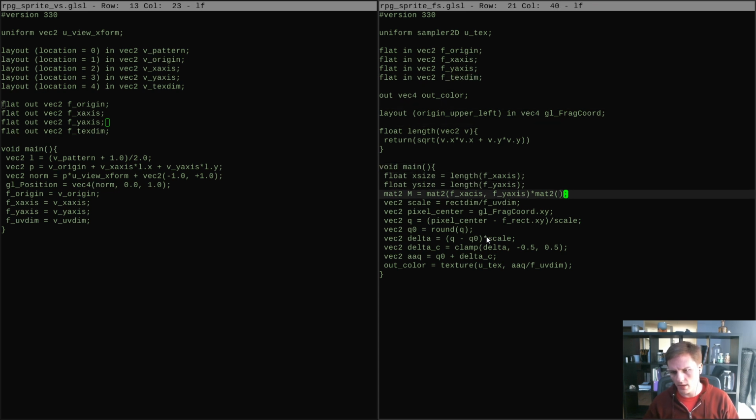Texture dimension, 1 over textdim dot x, 0, 0, 1 over textdim dot y.